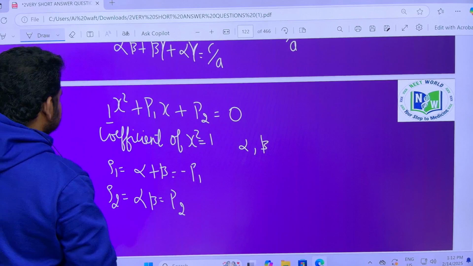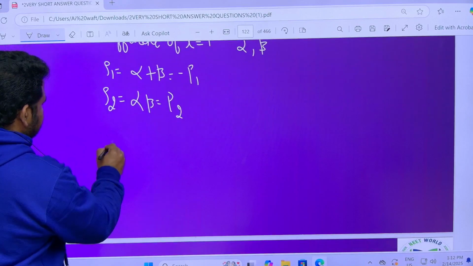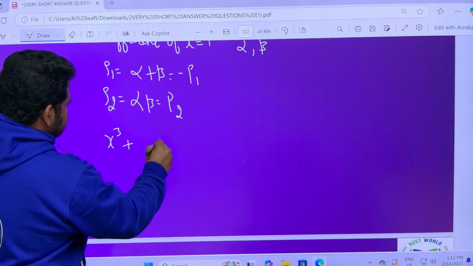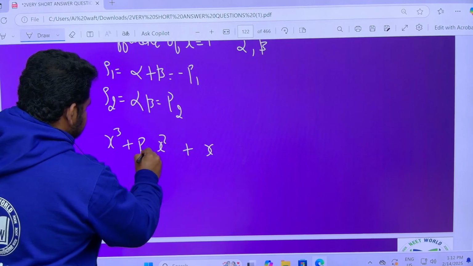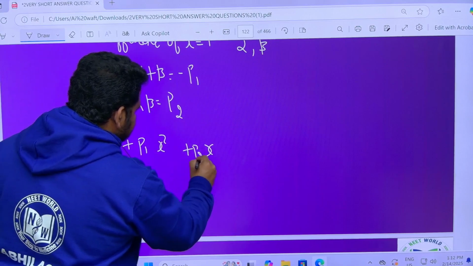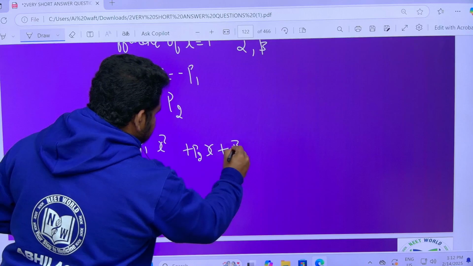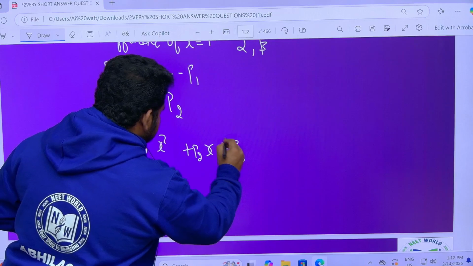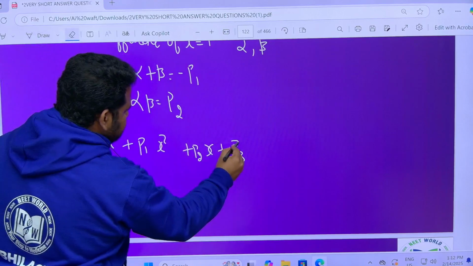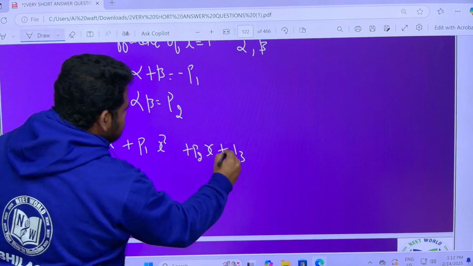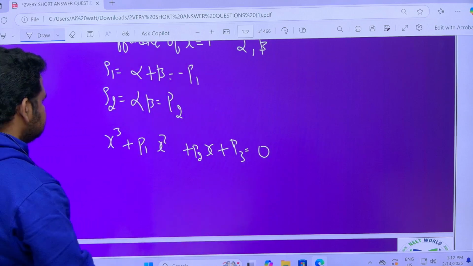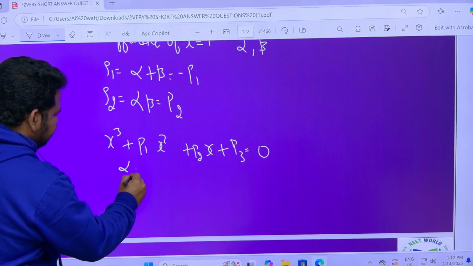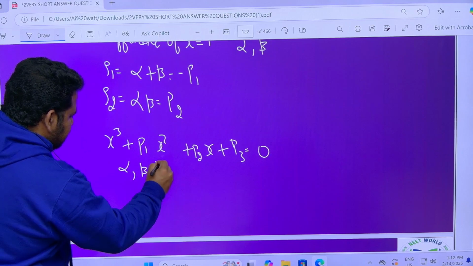Suppose we take a cubic, x cube plus p1 x square plus p2 x plus p3 is equal to 0. Okay, so in this case, suppose alpha, beta and gamma are the roots.